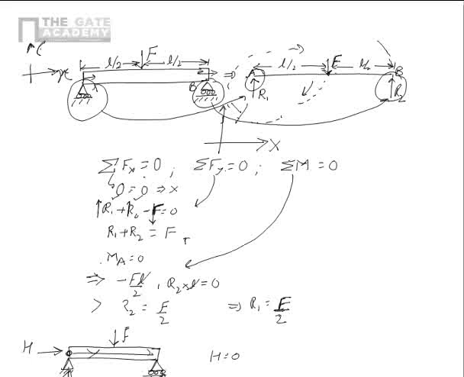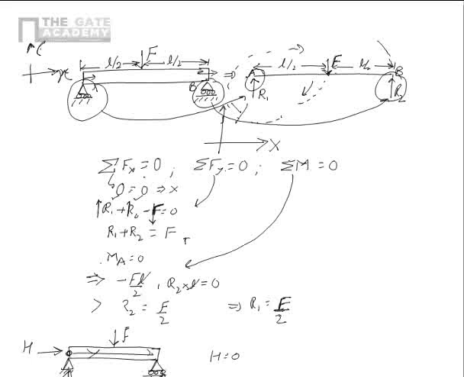In the previous case, it was statically determinate because the three equations were sufficient to solve for the 2 or 3 variables. But if you have 2 pins, then it is statically indeterminate because we cannot find the 4 reactions using the statics equilibrium equations alone. This is also not a desirable condition because this causes problems in understanding how much reaction will be coming, and we have to use advanced methods to solve the problem.